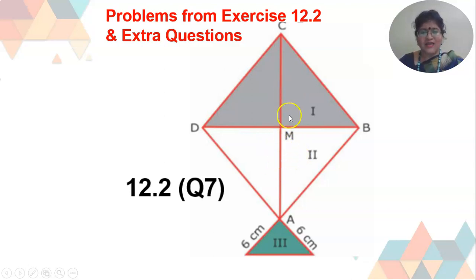Both the areas are the same because after all it is a square. And then we calculated this area of region 3 by using Heron's formula because the three sides were known, 6, 6 and this was given as 8. So this is also quite an important question.